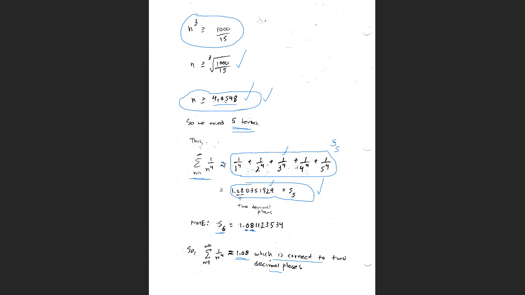Okay, and that's how we use the remainder estimate for the integral test. It's important because, even though we have computers that can add things quickly, even computers, if you keep adding terms, it's going to take time. A trillion terms, a gazillion terms, whatever.